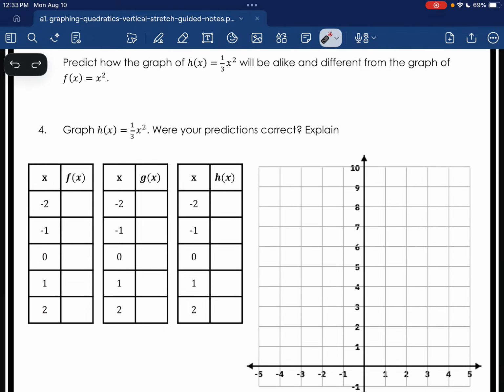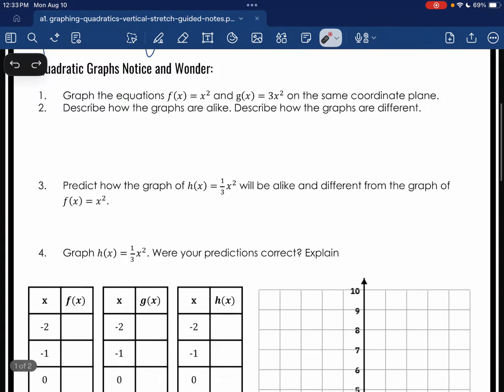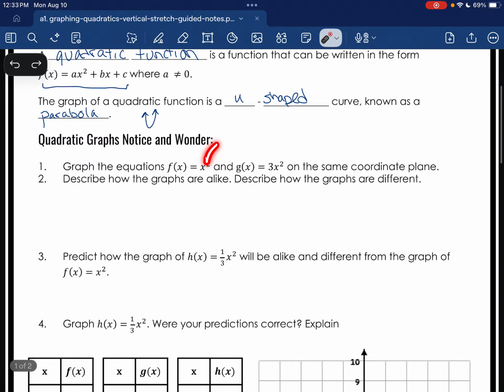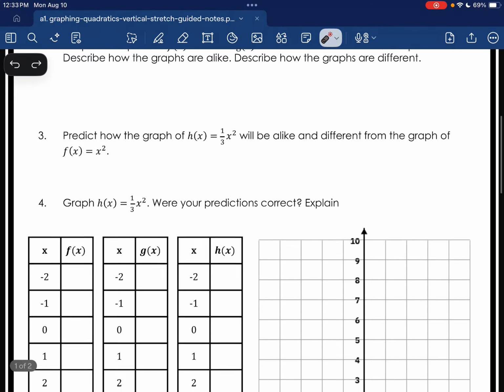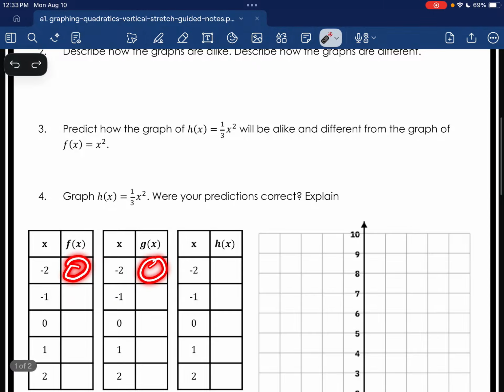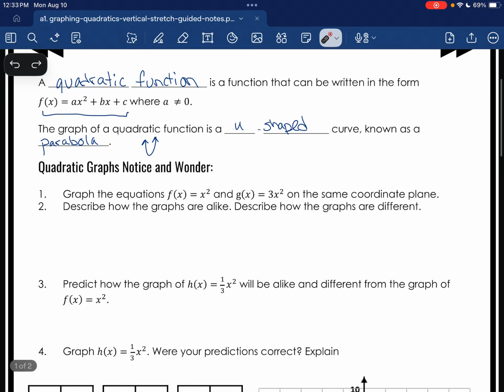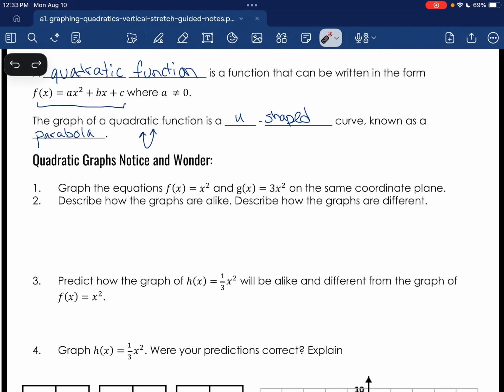That's right, you're just going to plug them in. So you're going to plug in for x, and whatever pops out is your y coordinates right here. And then these make ordered pairs that you'll then plot over here. Got it? All right, go ahead and fill this up. Then you're going to have to describe and answer a couple of questions here. So go ahead, you can complete this whole first page without me. Can you believe that?